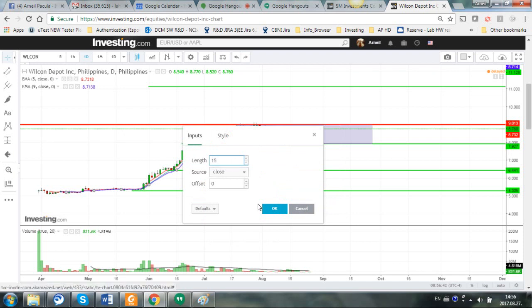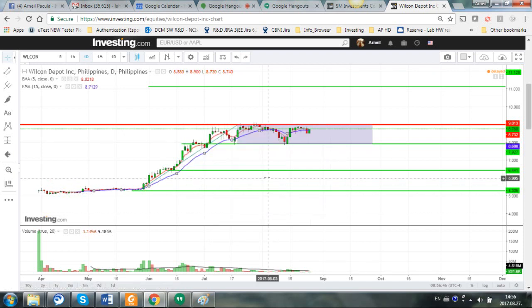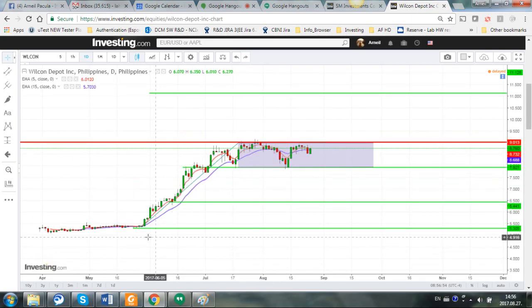At I will explain to you why, and why it should be modified. As you can see, I don't know kung na-explain ko na dati, but this part is a buying opportunity where the two moving average are meeting or crossover.